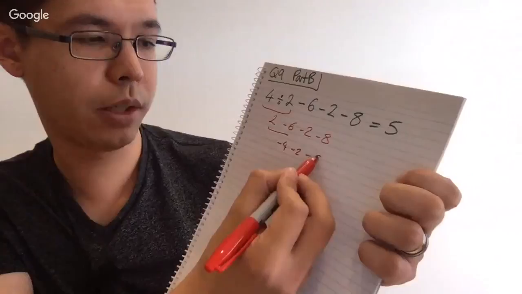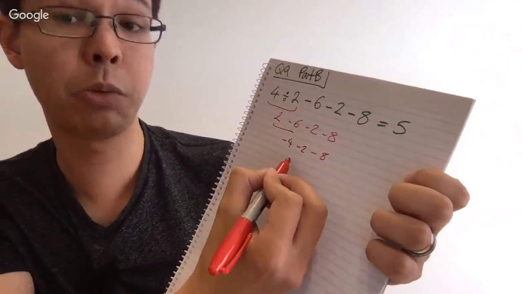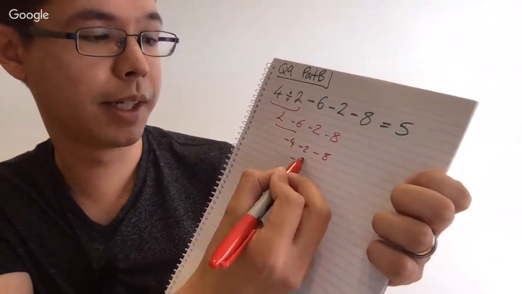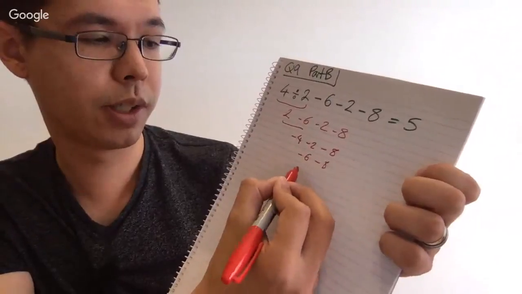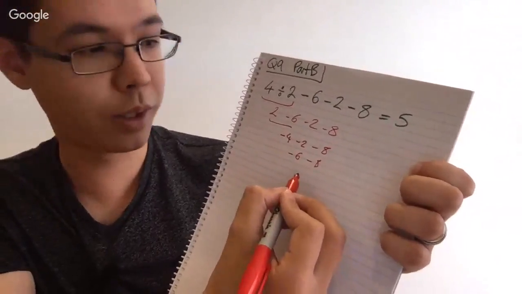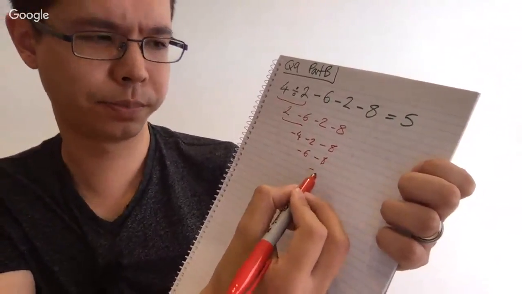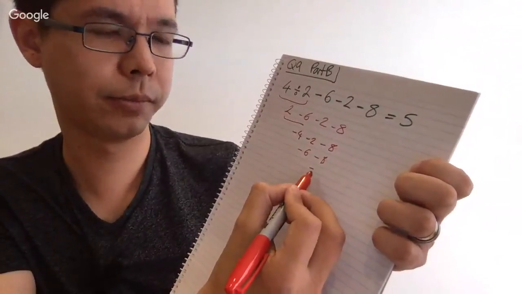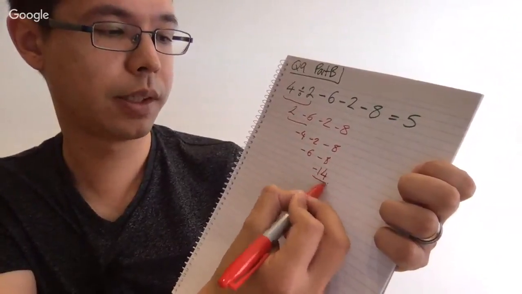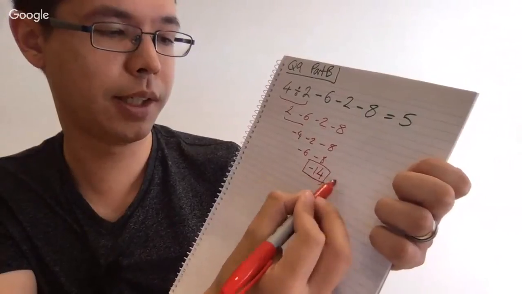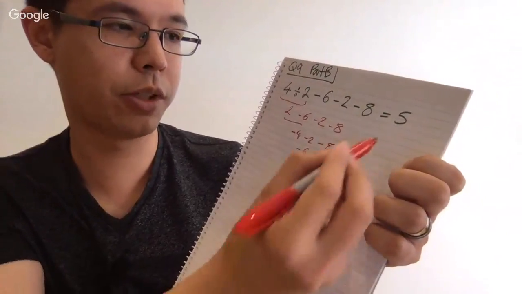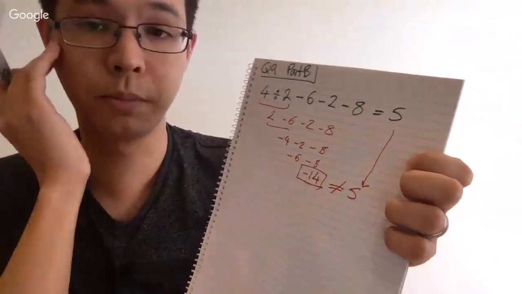Take away 2, take away 8. Negative 4 take away more gives me negative 6. Copy the rest of the question. Negative 6 take away more gives me an answer of negative 14. So negative 14 is not equal to 5, which is the original problem.